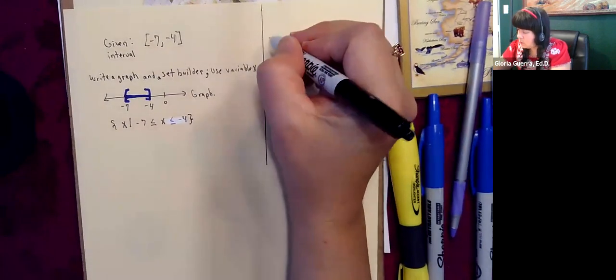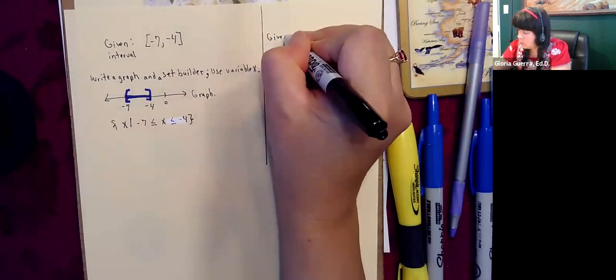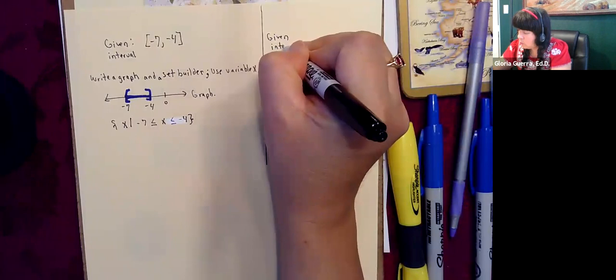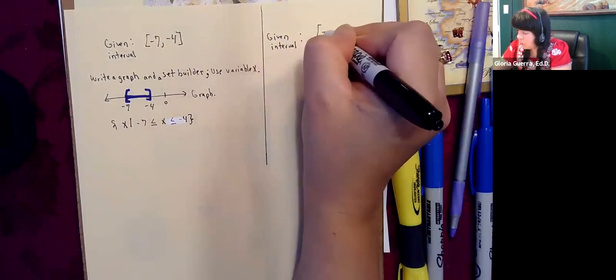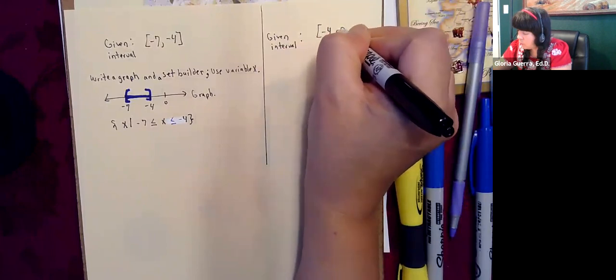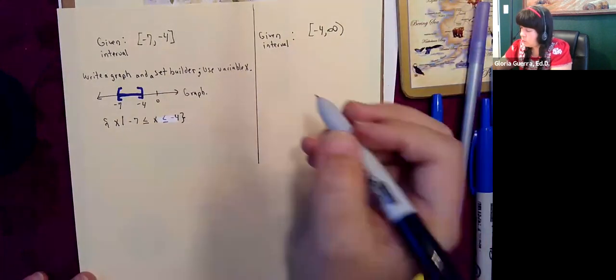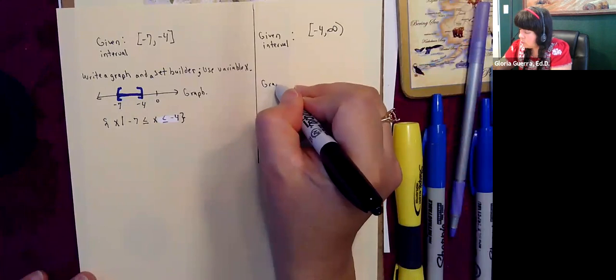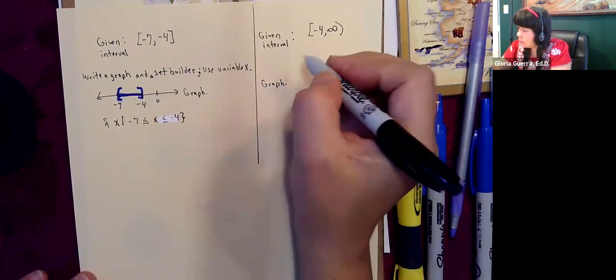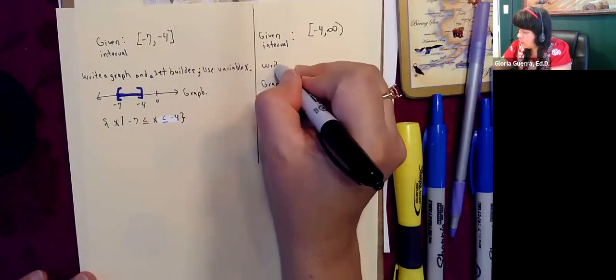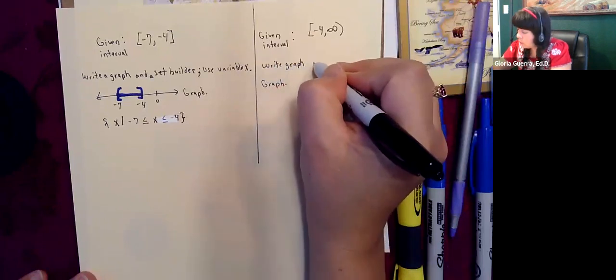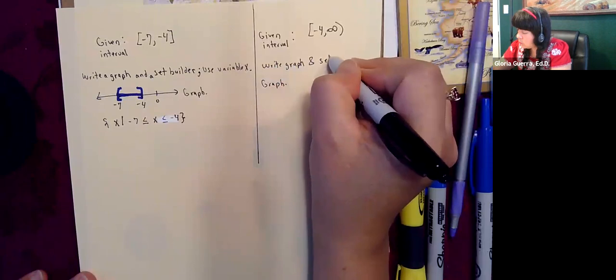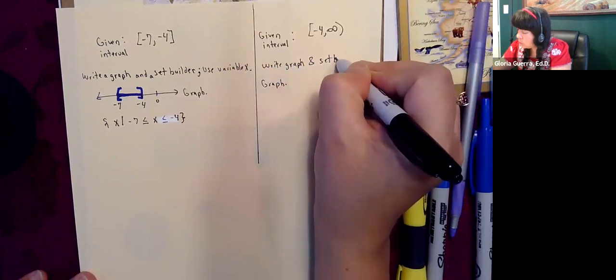Okay, let's say that this was given. -4 to infinity. So then they want you to write the graph for that, and also set builder notation.